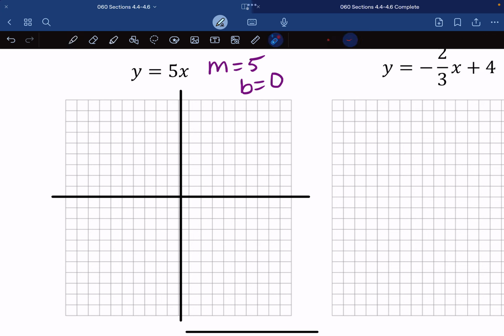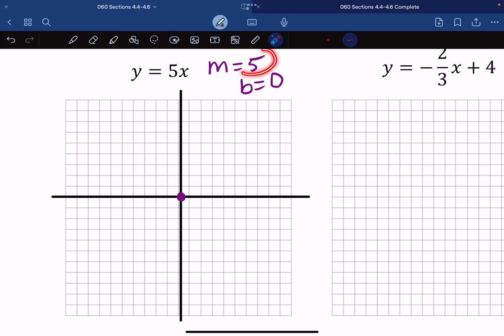So to graph, we said that the y-intercept is our starting point. In our data set, it's when x equals 0. So when x equals 0, y equals this number. So I'm going to go to where x equals 0, and I'm going to put a point at y for 0, which in this case is just 0.